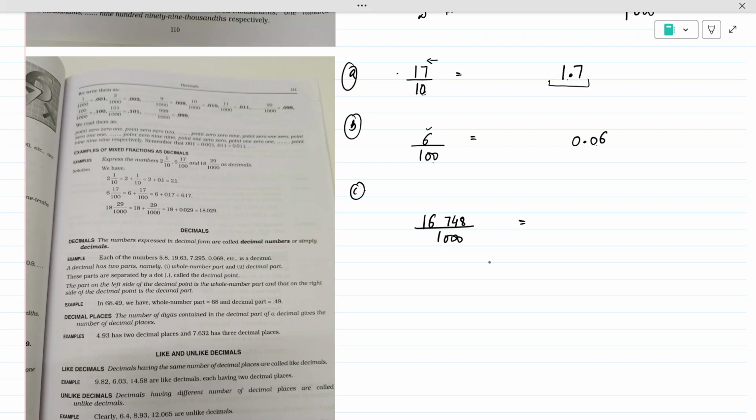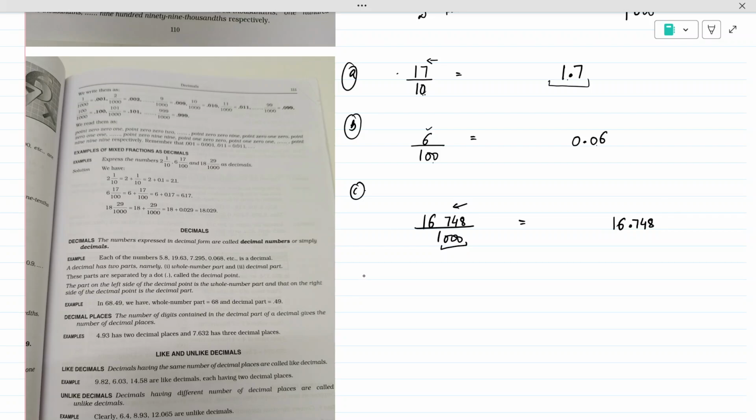Now we have three zeros, so starting from the right we are going to put the decimal. That means 748 covers these three places, then the leftover part is 16. So this number becomes 16.748 in decimal form.